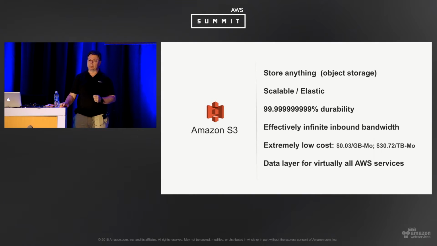It's highly durable, 11 nines of durability, so you don't need to worry about losing your data. It has effectively infinite inbound bandwidth. As I said, it's massively parallel, and it's extremely low cost. This really changes the economics of large-scale data management and querying. It's 3 cents per gigabyte month, or about $30 per terabyte month.